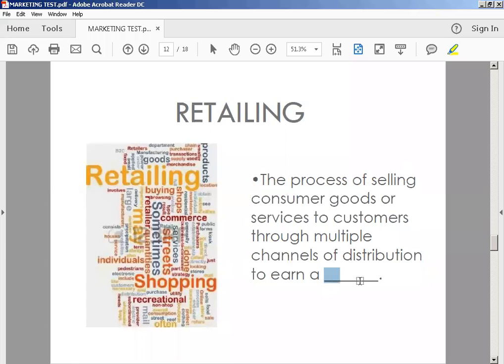So retailing is a process of selling consumer goods and services, definitely to the customers, and we are doing retailing by different channels of distribution to earn a dash. So we are doing business, we are doing retailing for the dash purpose.